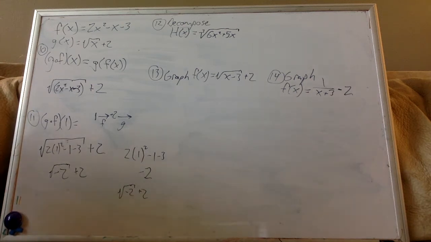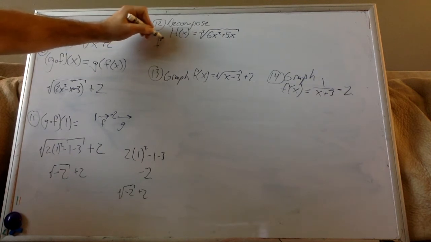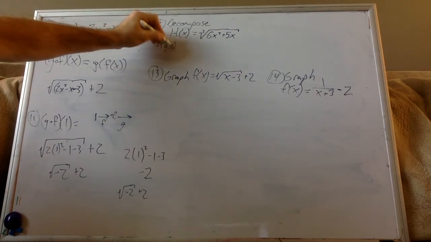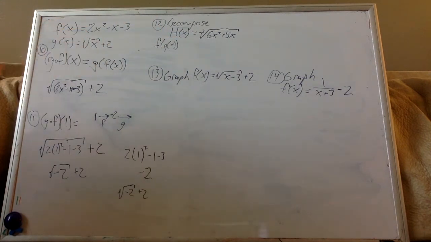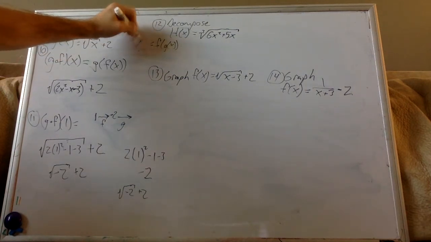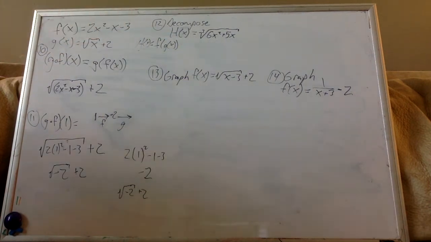All right, when we're dealing with decomposition, so say in this case we want our decomposition to be represented as g of f of x, or sorry, let's make it f of g of x. So I want to find a function for g that represents kind of something being put into another function f.